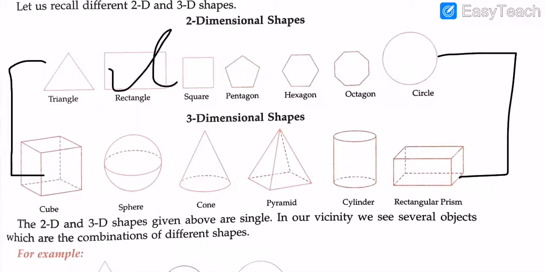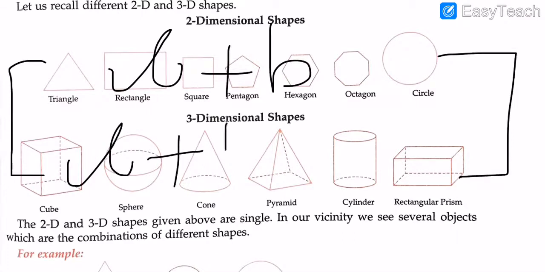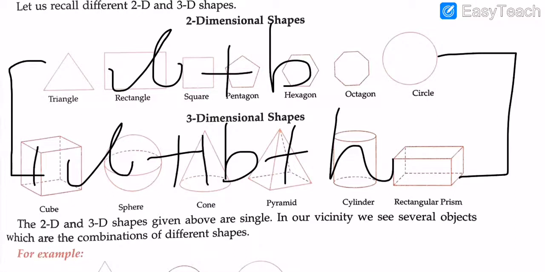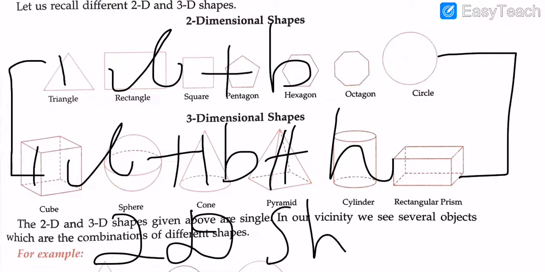This means this has a length plus a breadth. But in 3 dimensions, it has a length plus breadth plus height. It has a certain height. This doesn't have a certain height because it's only a 2D shape.